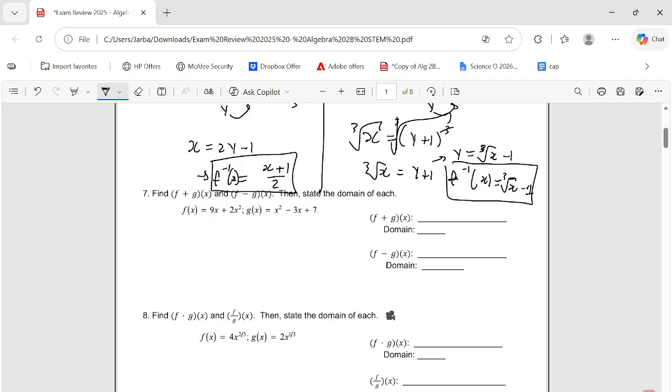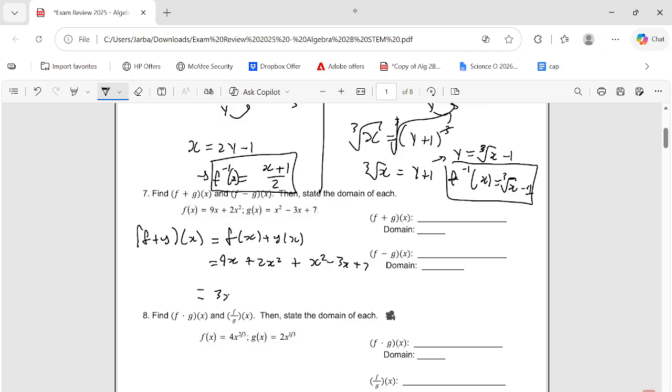Okay, so we want to find f plus g and f minus g for these two functions, and then say their domains. So f plus g of x is just the same thing as f of x plus g of x. So this is going to be 9x plus 2x squared, that's our f of x, plus x squared minus 3x plus 7.